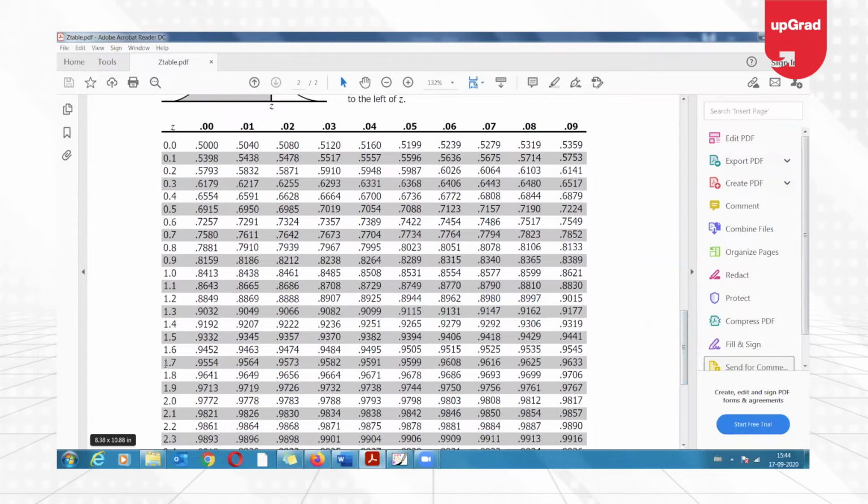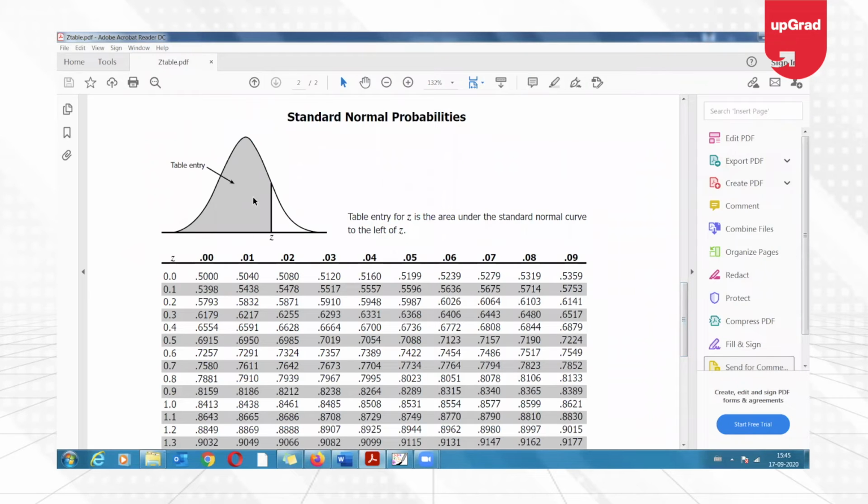So this is 1.7 and 1.76 is this one. So 1.7 and 0.6. This is 1.7. This is 0.6. So this is the p-value when the z-score is 1.76, which means this particular region is 0.9608, which we found from here.